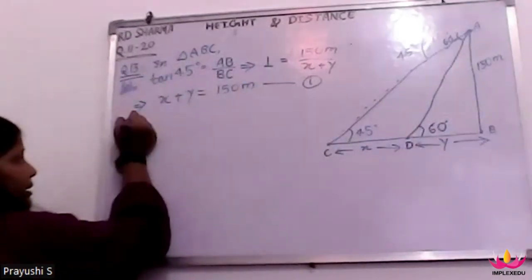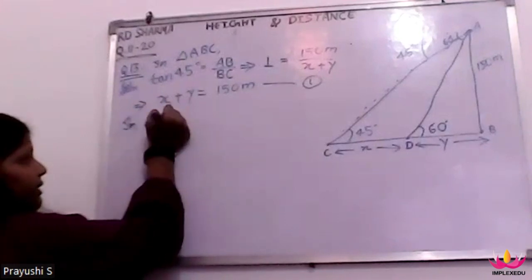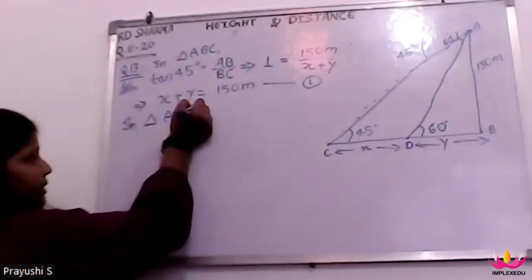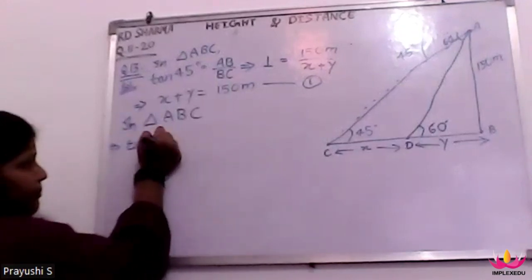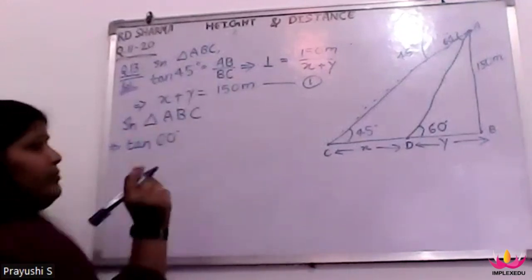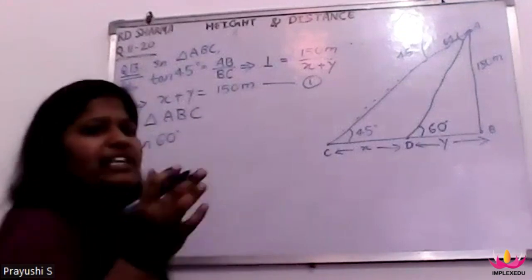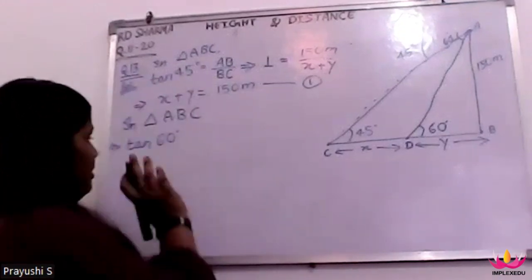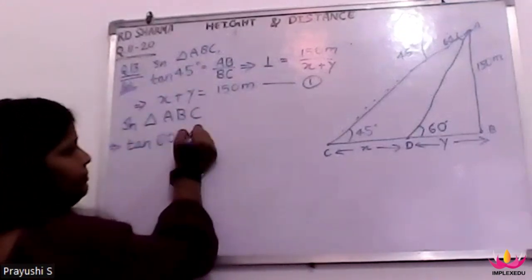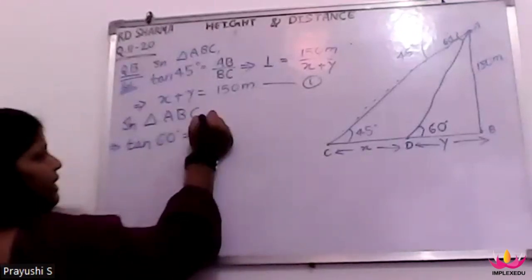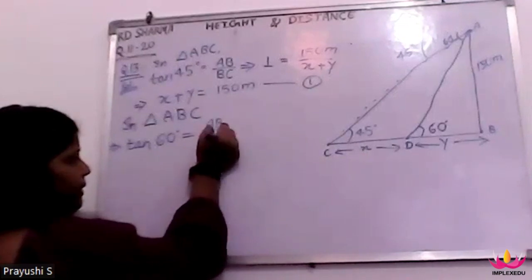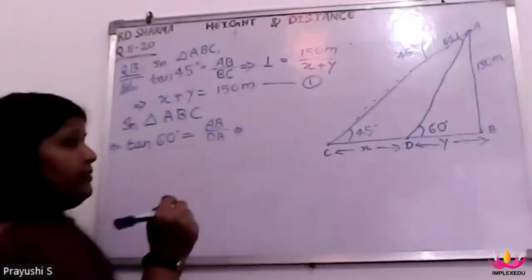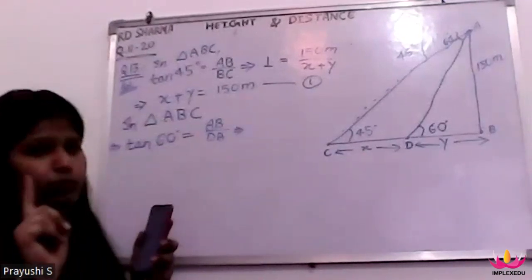So now in triangle ABD, tan 60 is equal to, when we know the angle, we can do as we have done in the previous question. So now tan 60 is equal to AB upon DB. Now tan 60, we know the value of tan 60, that is root 3.